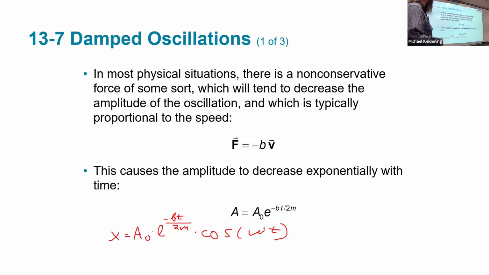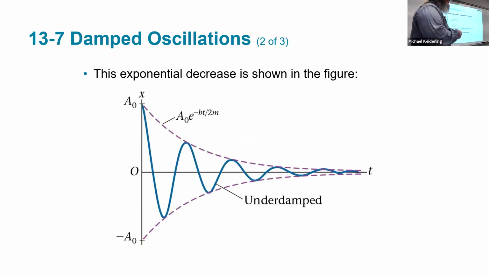I think there's a phase term in there. It's been a while since I actually solved that differential equation. It's basically the oscillation you would have, but it's damped. It reduces. It looks something like this.